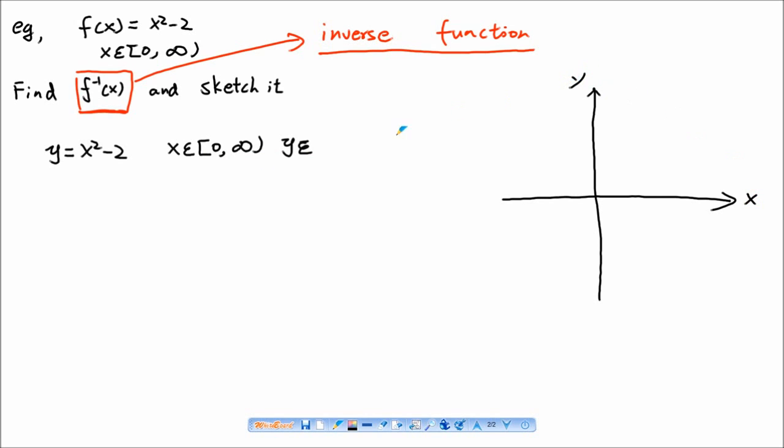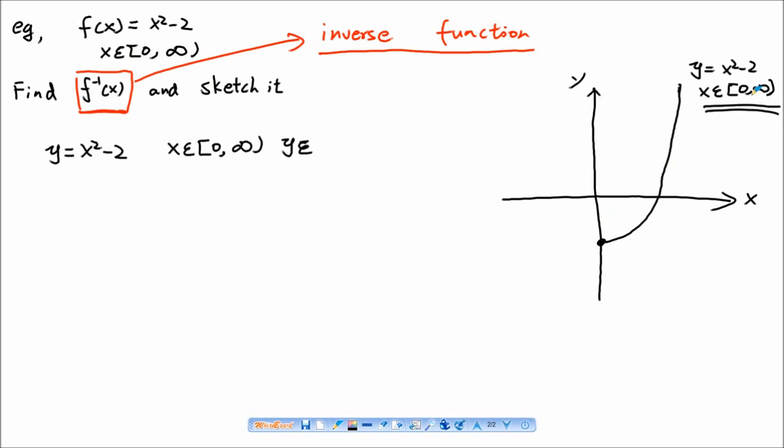So we sketch this graph. It will look like this: y equals x squared minus 2, and the domain is from 0 to infinity. In this case we don't sketch the whole graph because we have a restricted domain.